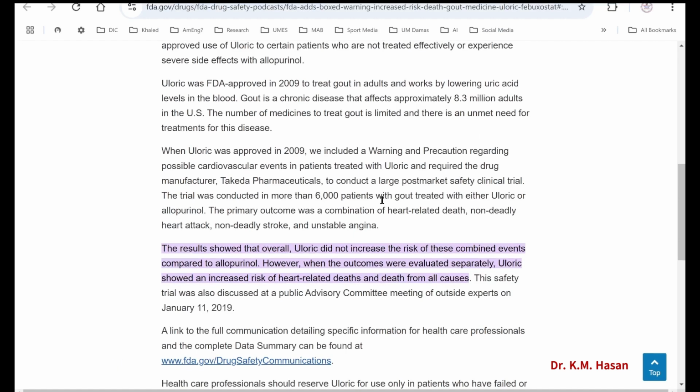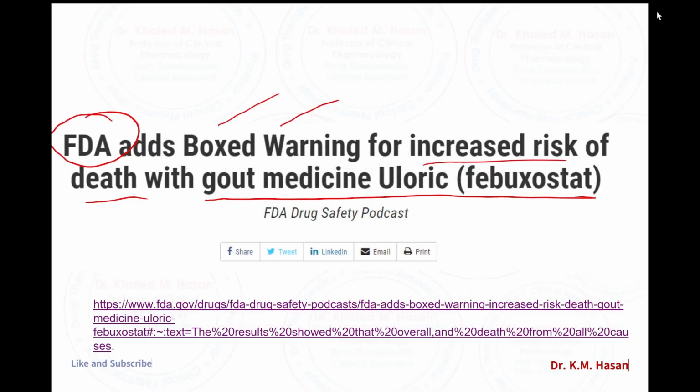The results showed that overall febuxostat didn't increase the risk of combined events compared to allopurinol. However, when the outcomes were evaluated separately, febuxostat showed an increased risk of heart-related death and death from all causes. So we need to remember that febuxostat may increase the risk of death.